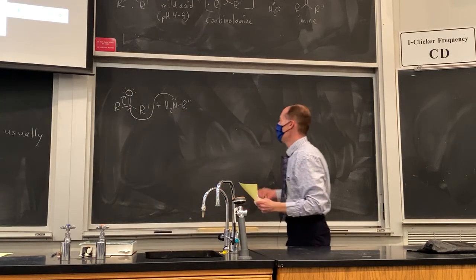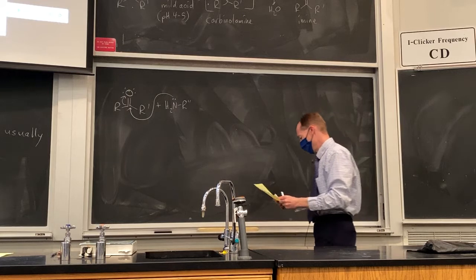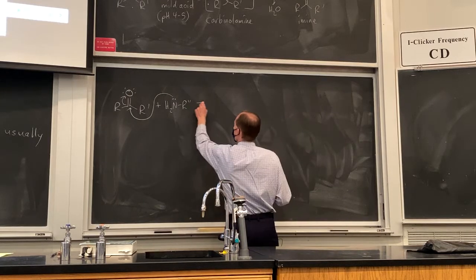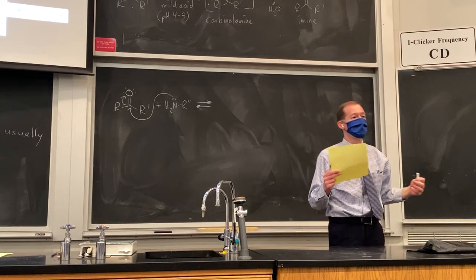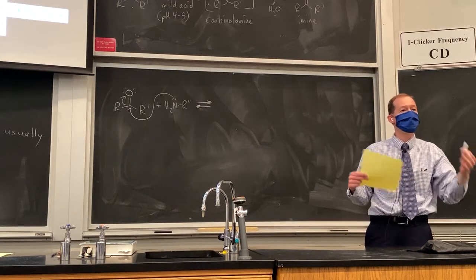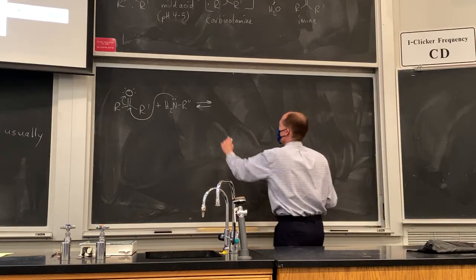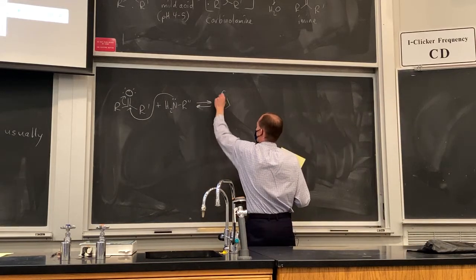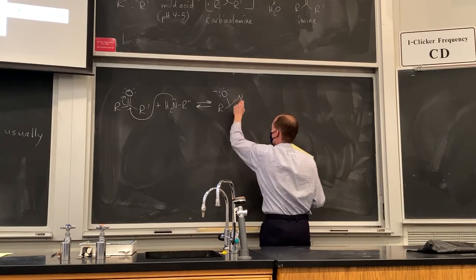Our primary amine is a strong enough nucleophile that it can attack the carbonyl carbon of our aldehyde or ketone. We're going to use our equilibrium arrows because, as we'll discuss in a moment, imine formation is reversible. So each of these steps is reversible. So here's the product that we obtain.